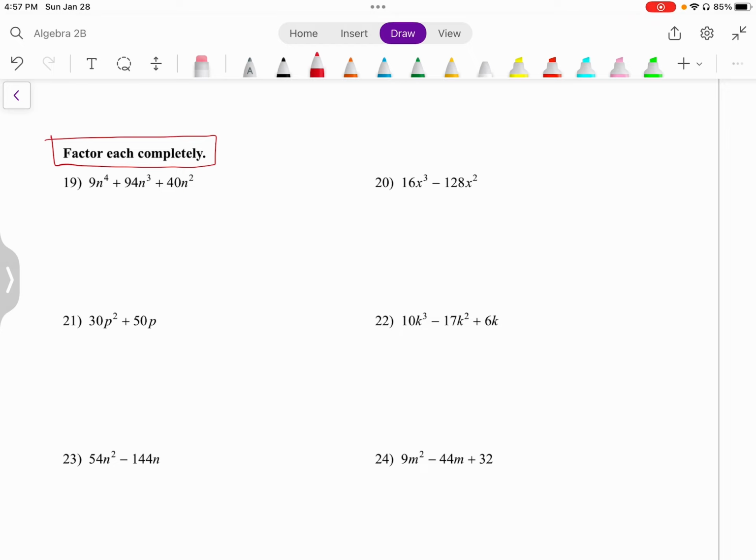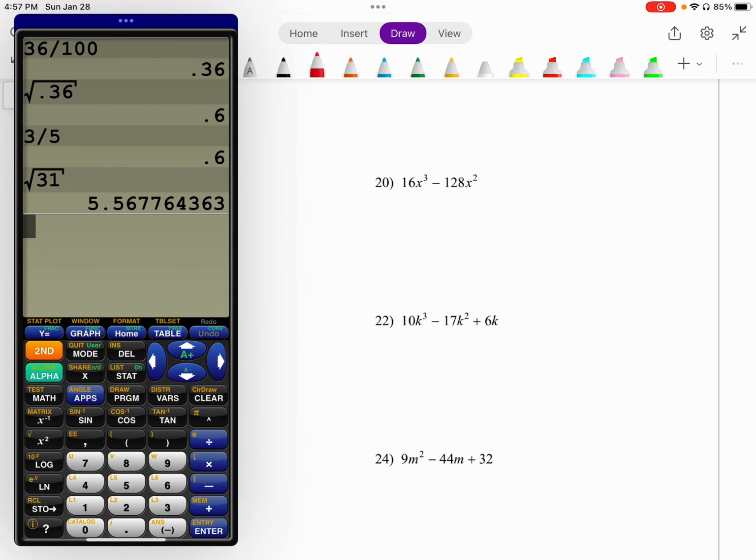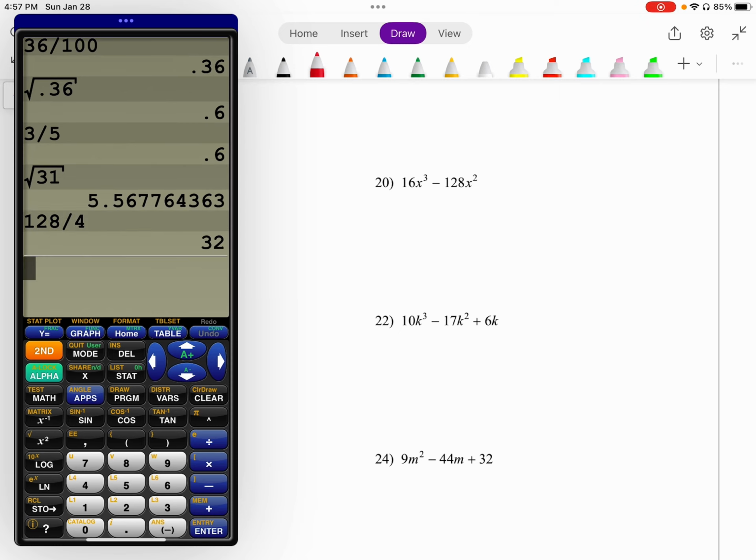So for number 20, we want to see, are there any common factors in 16 and 128? Hopefully we're getting familiar with these numbers, but we might want to think through here and be like, okay, I think 128 is divisible by 4. We know 16 is divisible by 4, so 128 divided by 4, that's 32, which is still even, and 4 goes into it.